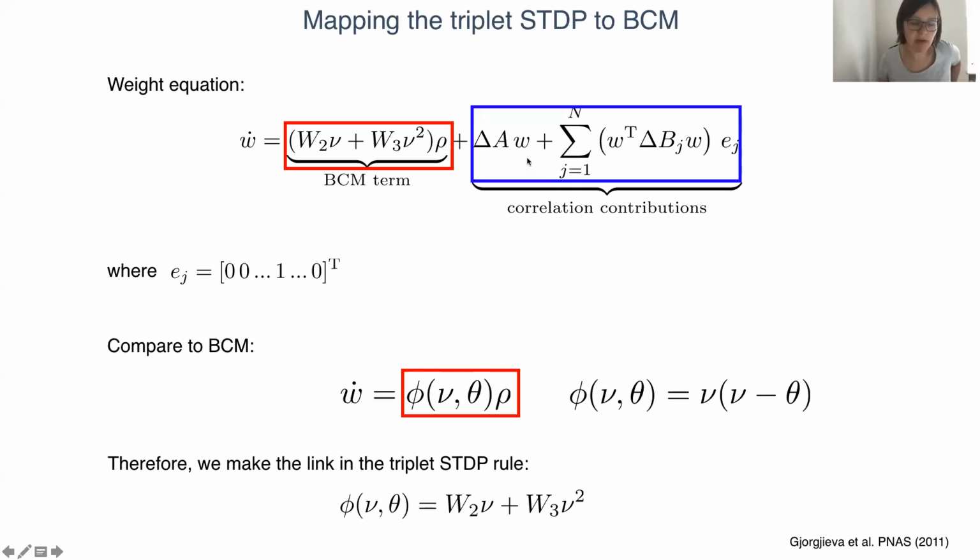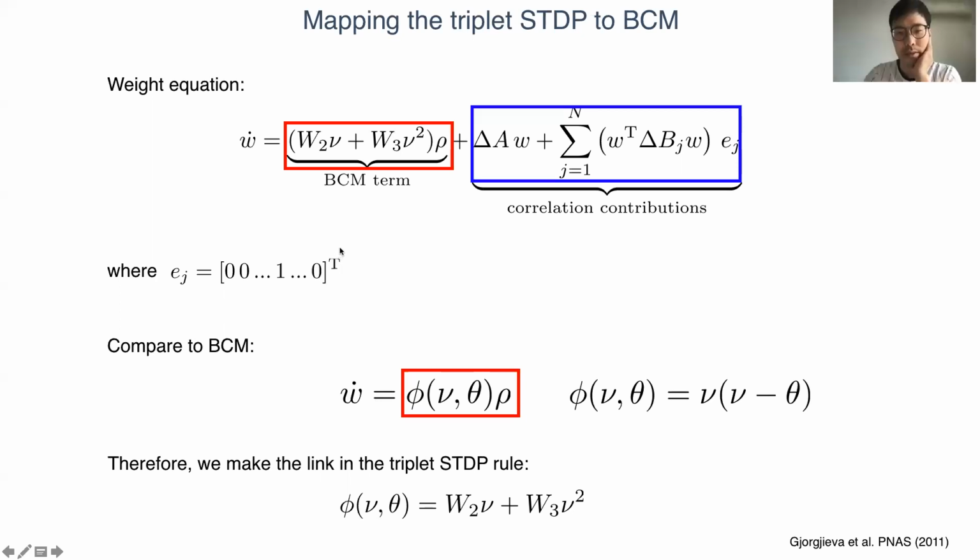The first part arises because of the pairwise input correlations. This W transpose times delta B times W is a scalar, right? It's 1 times N times N times N times N times 1, so this is a scalar. And the EJ is a scalar, and then E is a vector. And J from 1 to N is the number of inputs that we have. Exactly.